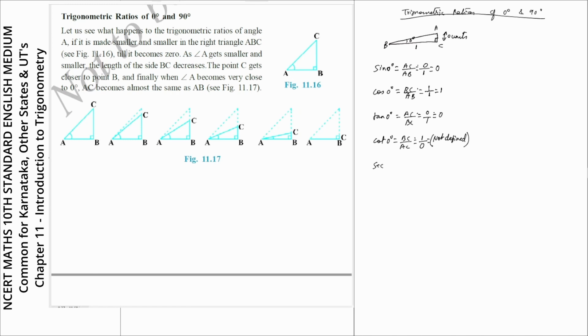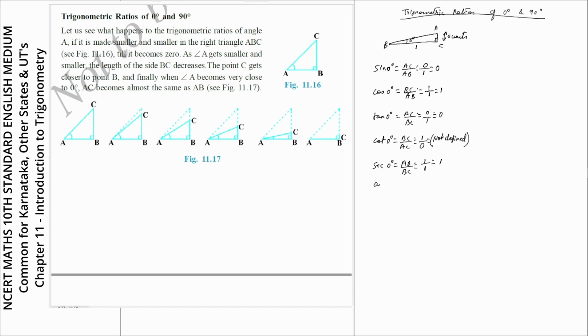Now secant of 0 degree is hypotenuse by adjacent, AB by BC. So AB is 1 and BC is equal to 1. So 1 by 1 is 1 I'll get.